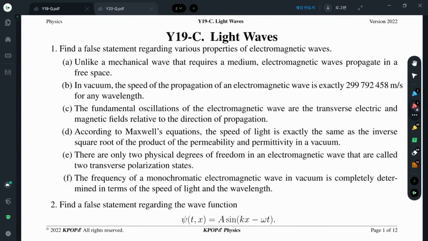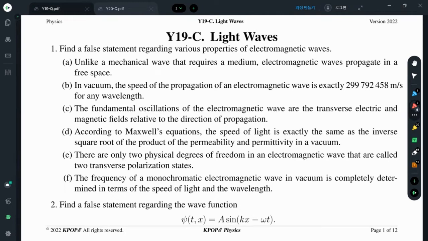An electromagnetic wave can propagate in a medium, for example air, glass, and many other media. However, it can also propagate in vacuum.